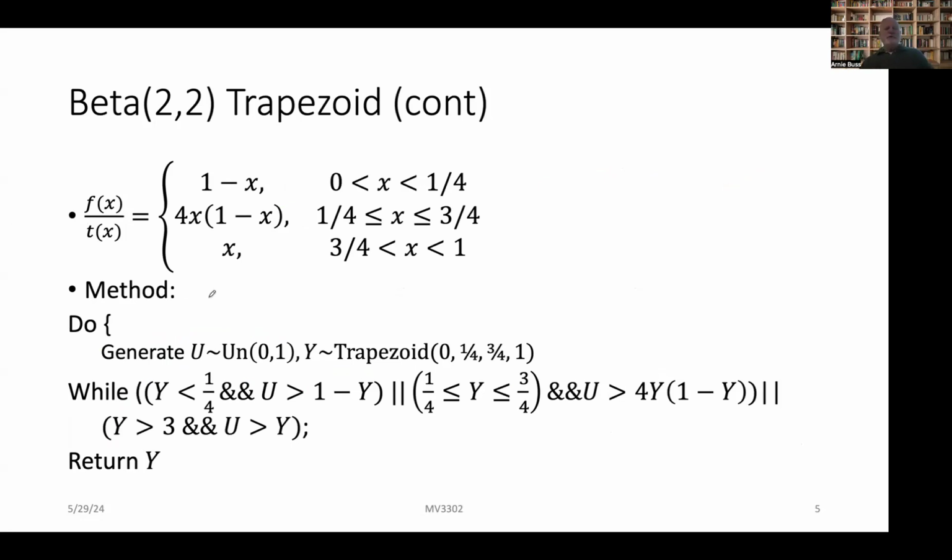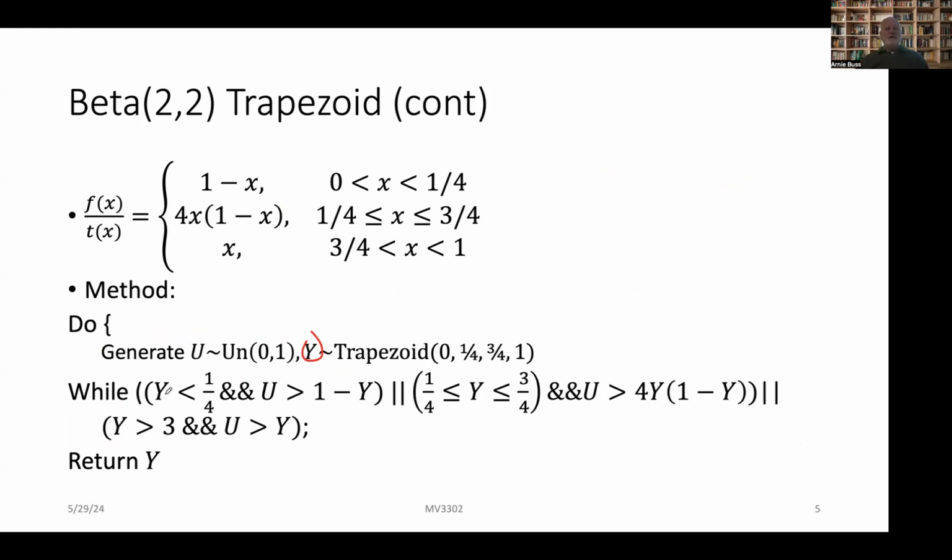And so the first cut at the method is we'll generate a uniform, but then our trial is going to be a trapezoid, 0, 1/4, 3/4, 1, as we've shown. But then the while test needs to be different for each of the three ranges.